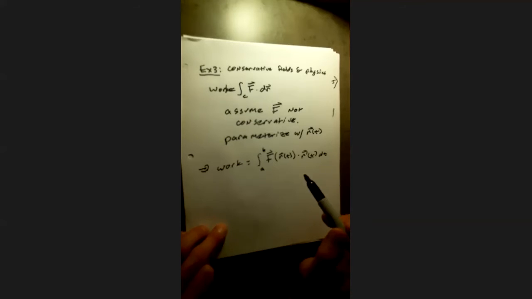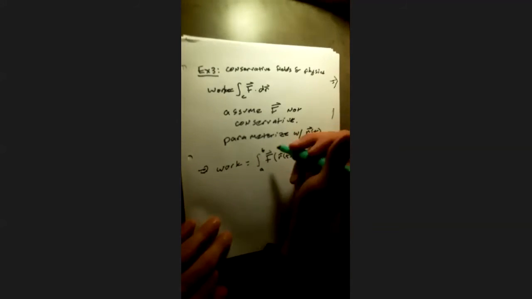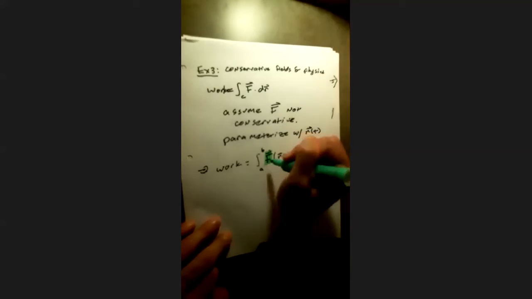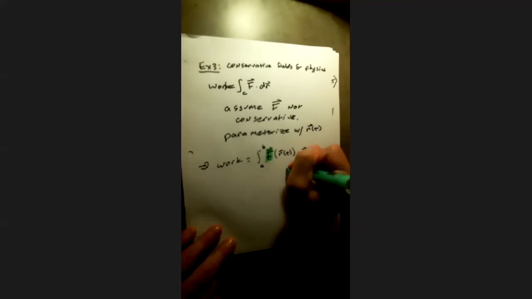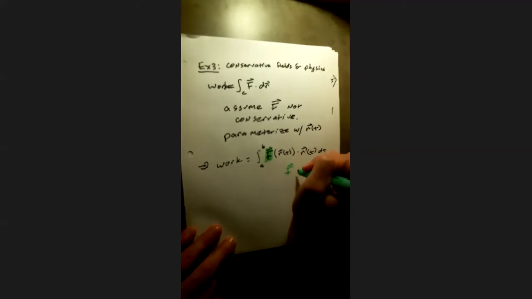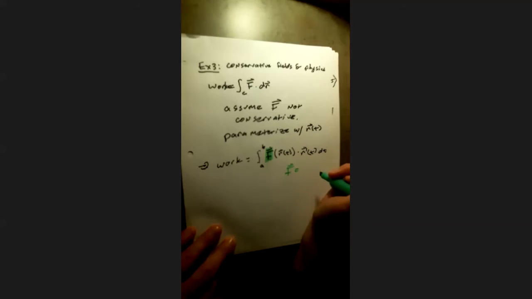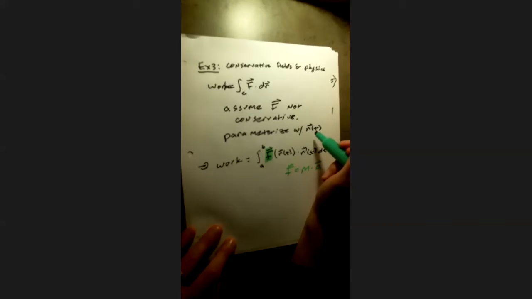Now, you may remember, well, if you've had physics, you better remember, because it's day 1 stuff, that we have a formula for F in physics. What's the formula from Newton's second law for F? F equals ma, mass times acceleration. And what's the relationship between acceleration and the space curve?